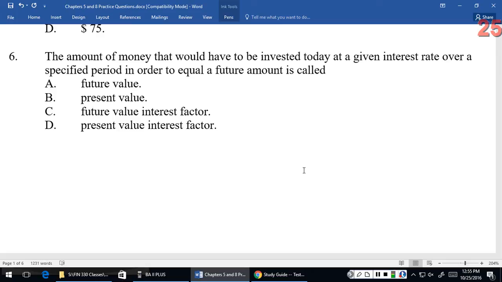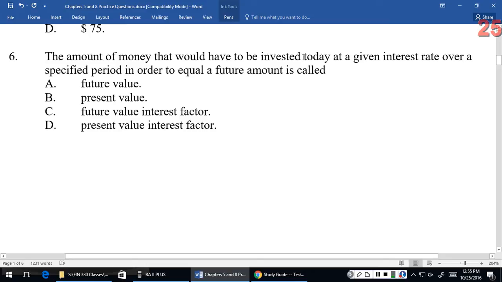So that's why I want you to take a look at these. These questions are taken directly from the test bank that your test questions are chosen from. And that's why I provide these for you. One, to give you practice with it, but also just to let you see how the questions are written and kind of get used to some of the terminology. So in this case, for number 6, the answer is B, present value.